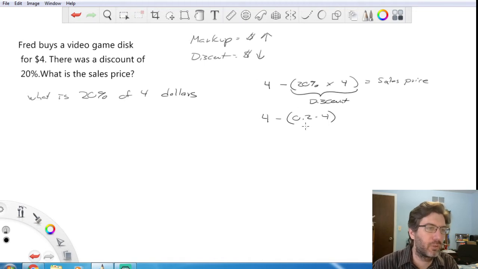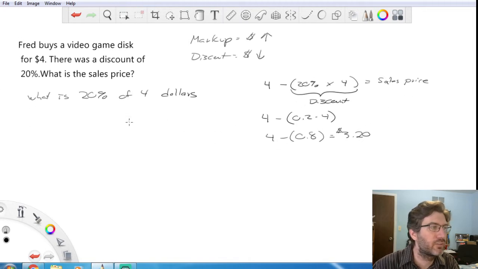Just remember your order of operations. 0.2 times 4 gives you 0.8, and you have 4 minus 0.8, which equals $3.20. So 20% off will be 80 cents, and then subtract it. This is one way to do it.